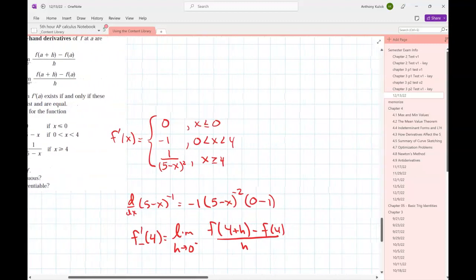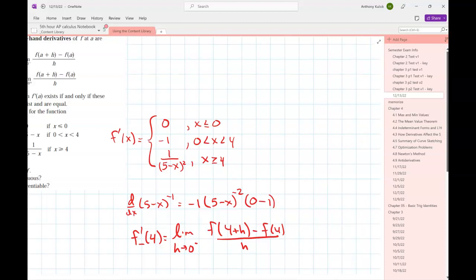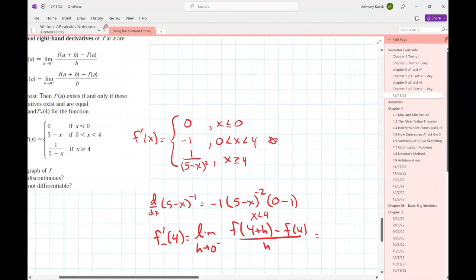And I want to note that for approaching 4 from the left, that means that x is going to be less than 4. So I'm going to be landing in here. Or really over here.